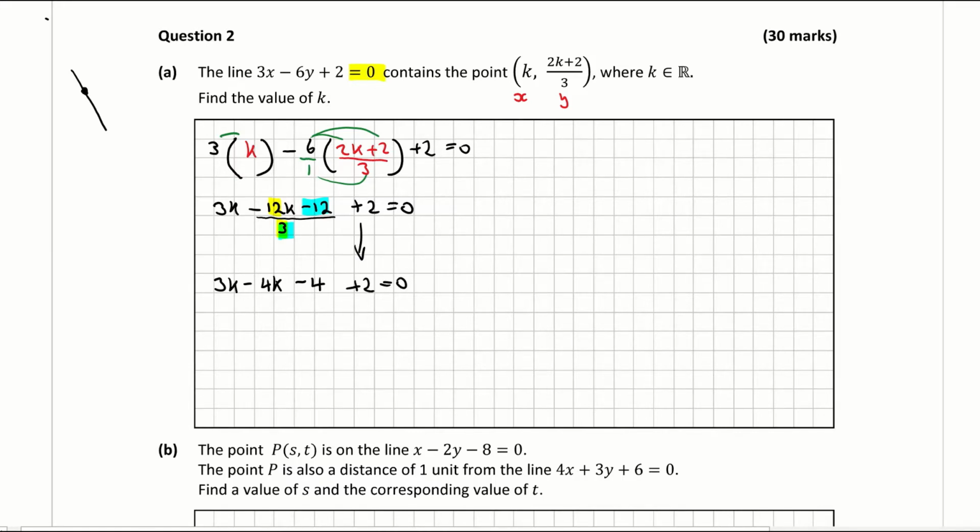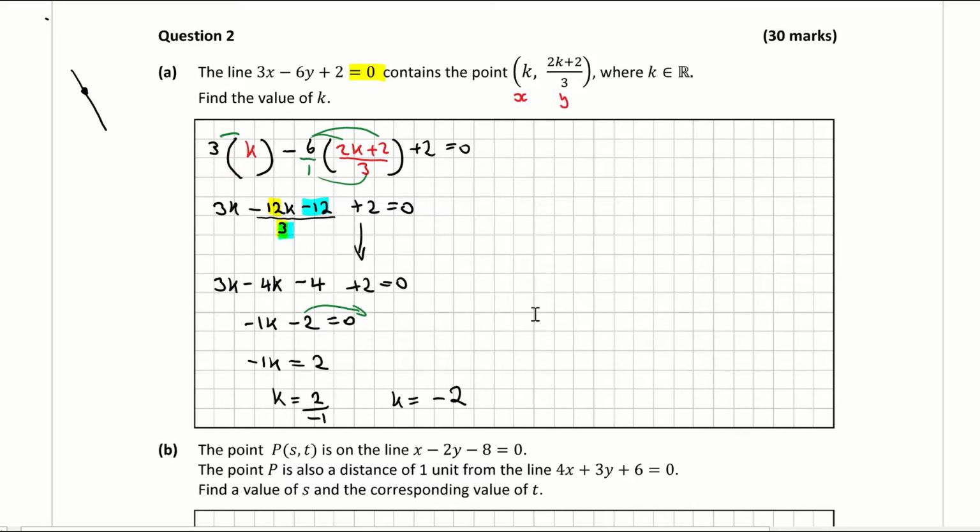Minus 4k plus 3k is minus 1k. Minus 4 plus 2 is minus 2 is equal to 0. If I add 2 to both sides, I get minus 1k is equal to positive 2. So dividing both sides by minus 1, I get k is equal to negative 2.